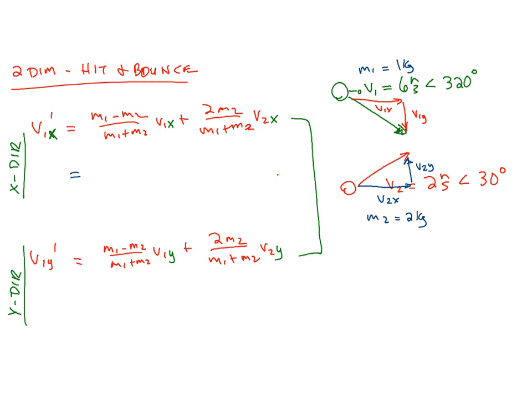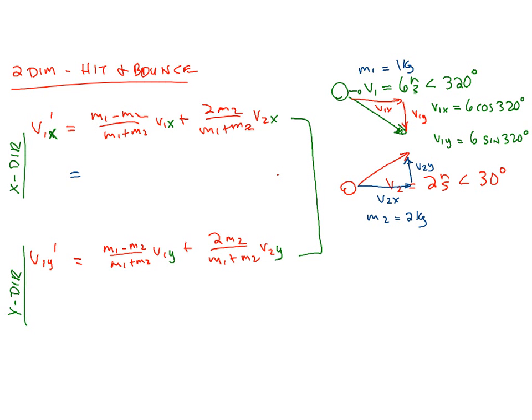So I've got to separate those out before I can do anything else. We see that V1x would be the adjacent to that. So here V1x would be 6 times the cosine of 320, and V1y would be the opposite over there, 6 sine 320.